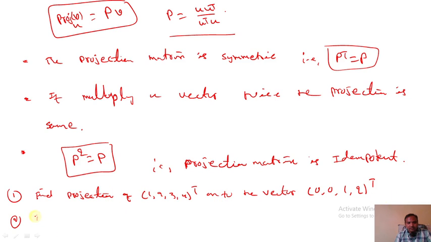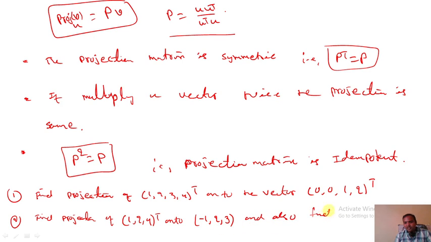Next, find the projection of 1, 2, 4 onto minus 1, 2, 3, and also find the projection matrix.